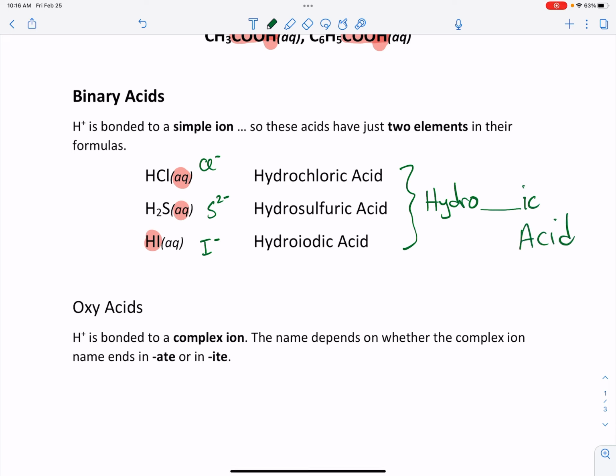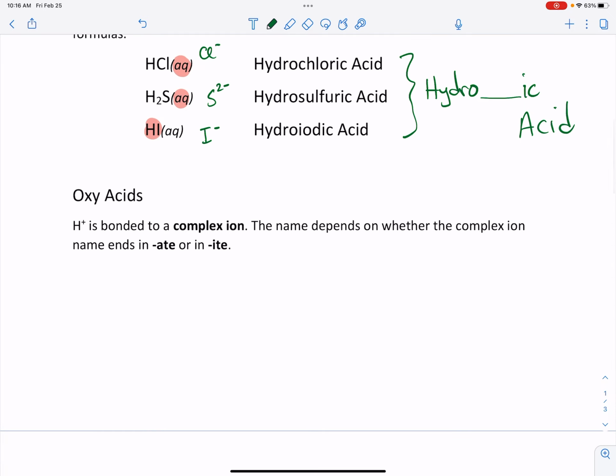So binary acids will always be named like this, hydro something ic acid. So HCl was hydrochloric acid, H2S was hydrosulfuric acid, and HI is hydroiodic acid. All right, we'll look at some more examples later on.